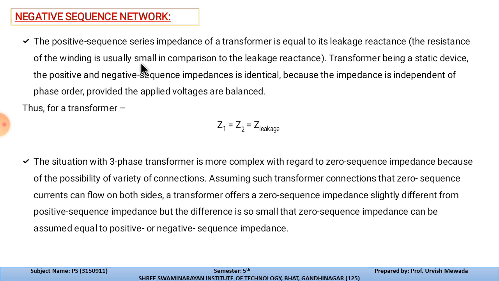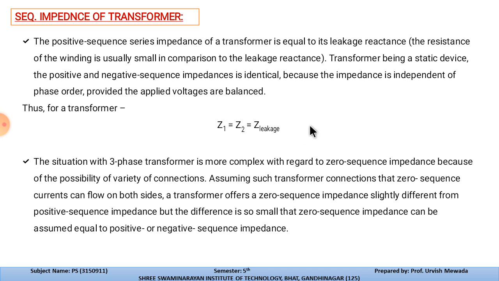Therefore the applied voltages are balanced, and the transformer's positive and negative sequence impedances are equal to the leakage reactance. So Z1 is equal to Z2 is equal to Z leakage.